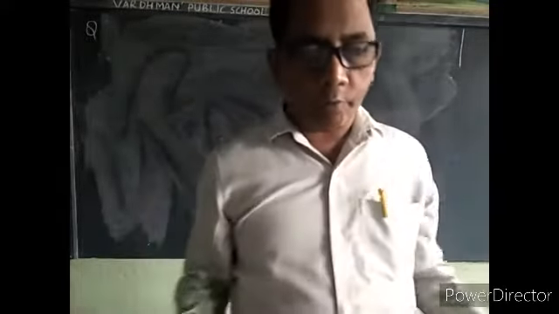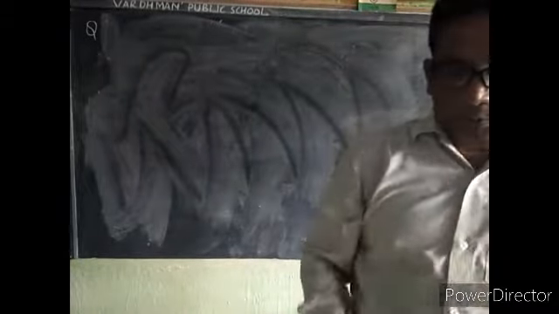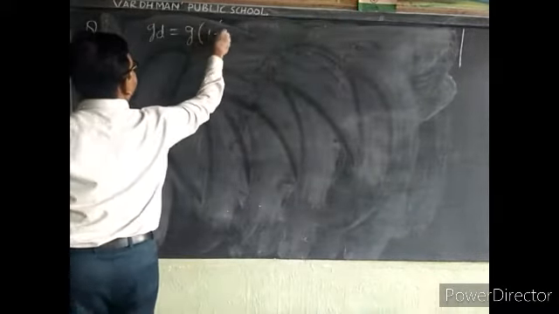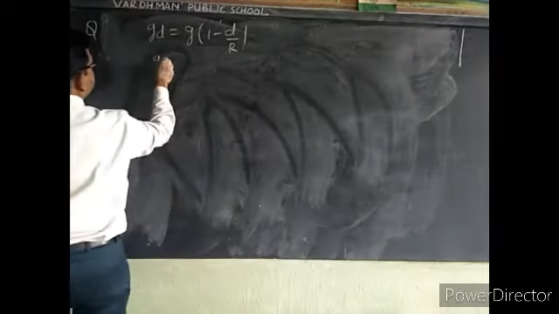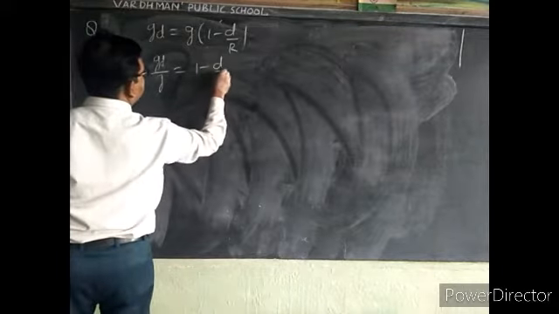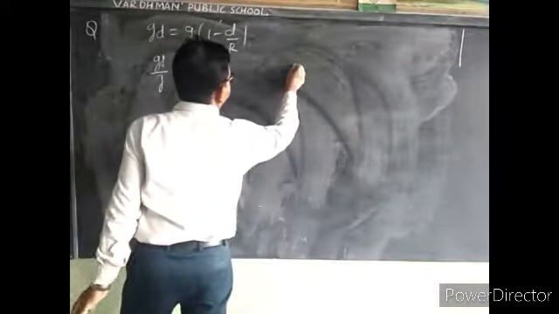Now we know g_d is equal to g into (1 minus D upon R). We can write g_d upon g is equal to 1 minus D upon R, and it is given 1%.